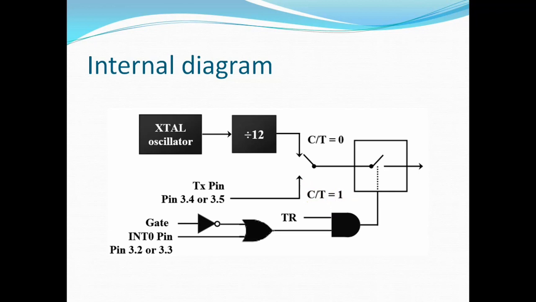That means you are going to apply the signal externally on the pins 3.4 or 3.5 of microcontroller 8051. So depending upon which counter you want to use, you are going to apply the pulses either on port pin 3.4 or port pin 3.5.